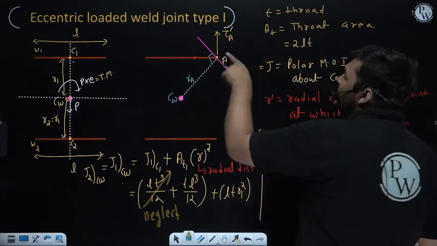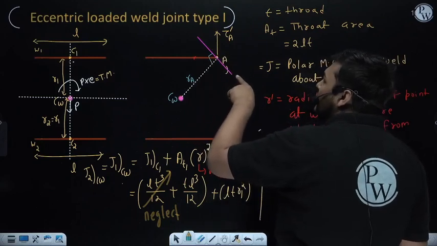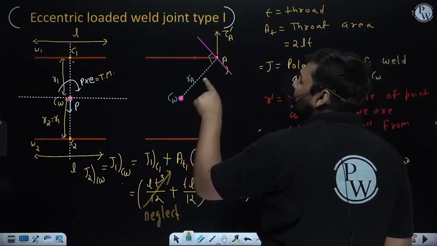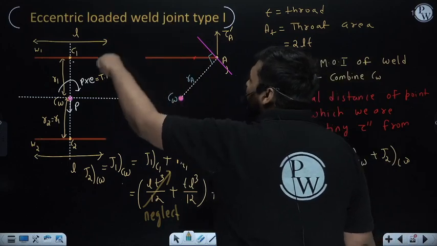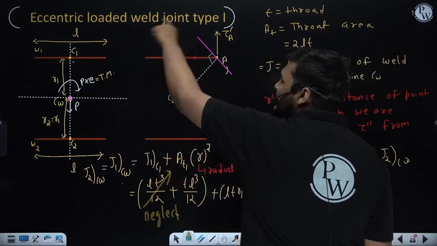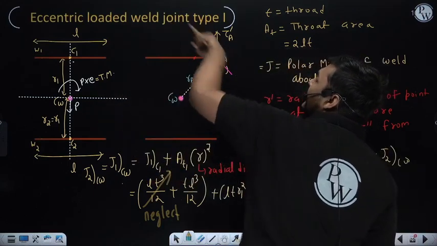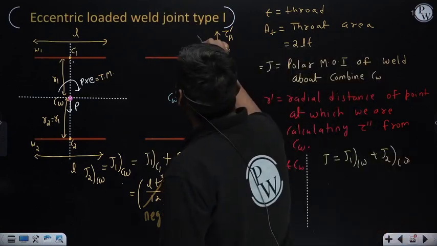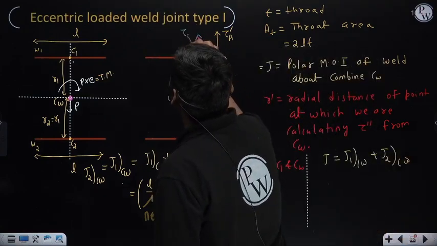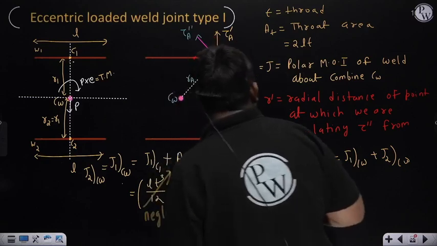So now in this line, if I want to apply a sense or arrow whose effect about centroid CW should be anti-clockwise, for that we need to rotate this line like this, and for that we need to take the arrow in this direction. So in this case it is the direction of secondary shear stress. Means how to decide sense?